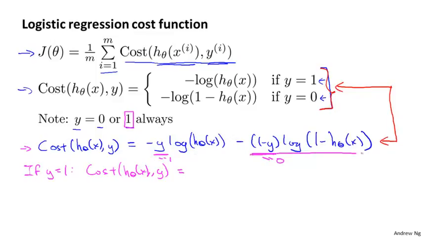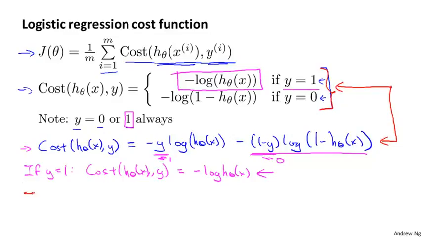So the second term gets multiplied by 0 and goes away. We're left with only the first term, minus y times log h of x. y is 1, so that's equal to minus log h of x. And this is exactly what we have up here for if y is equal to 1.